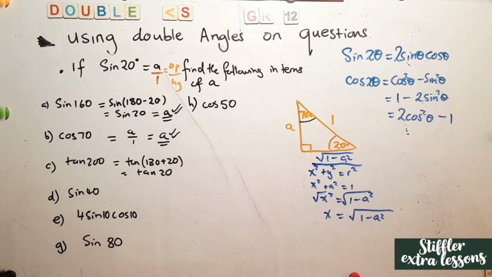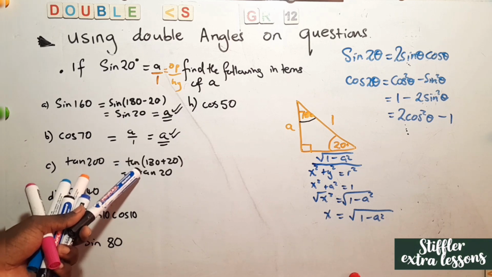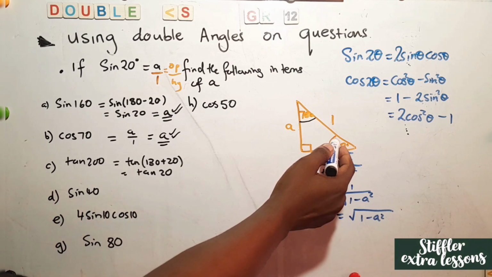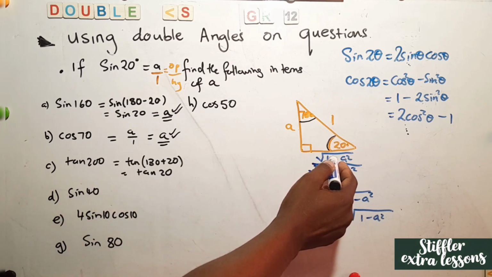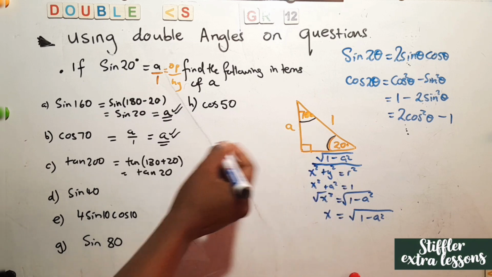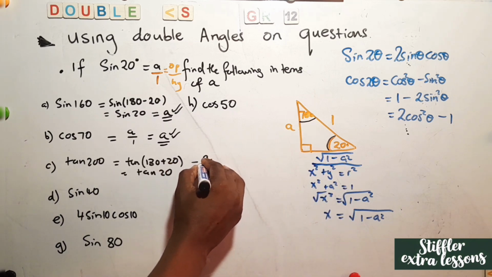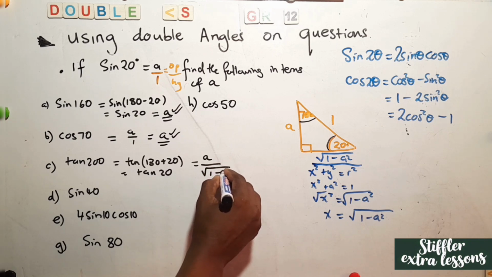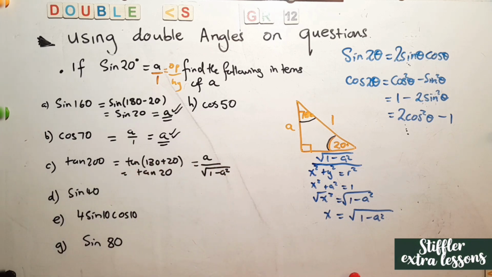And this is in the third quadrant, so tan is positive, like that. So lastly, when we are here, what is tan? Tan is opposite over adjacent. So this will be just a over the root of 1 minus a squared.